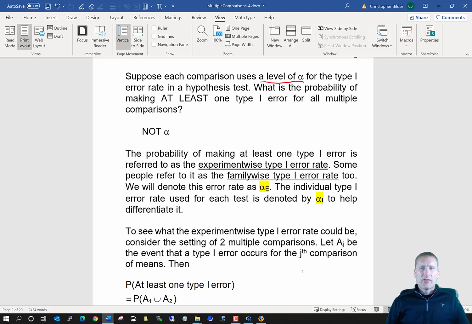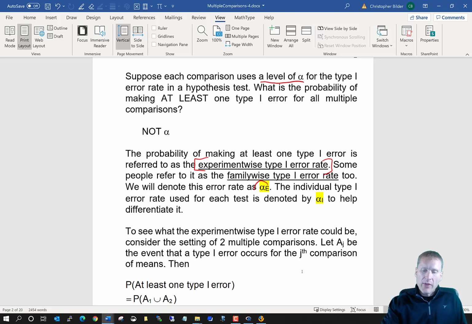So to help understand what the error rate would be, we need to be a little bit more precise in what we define as a type 1 error. And so what we're going to do is define something called an experiment-wise type 1 error rate. Some people will also refer to this as a family-wise type 1 error rate.